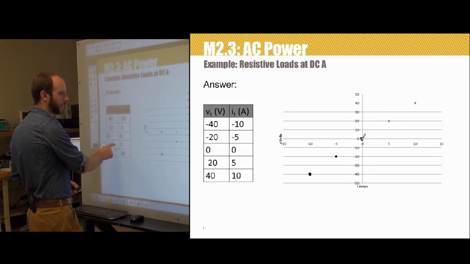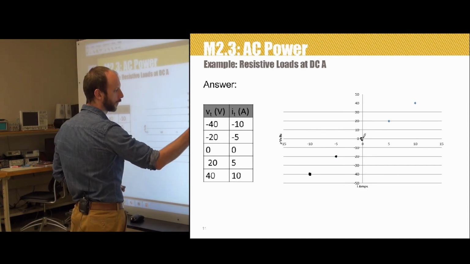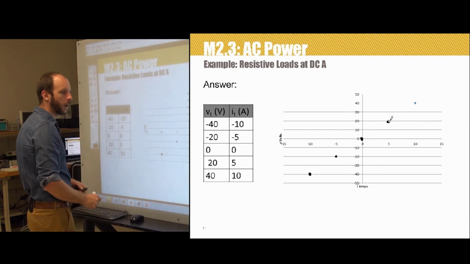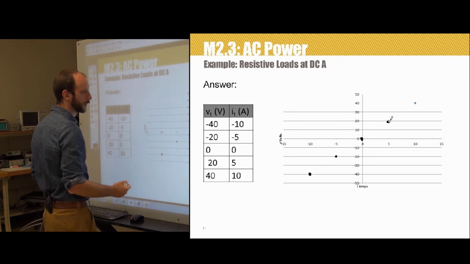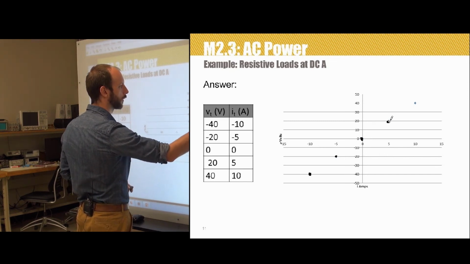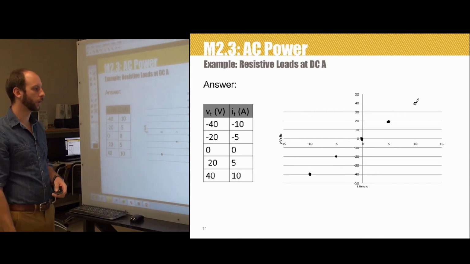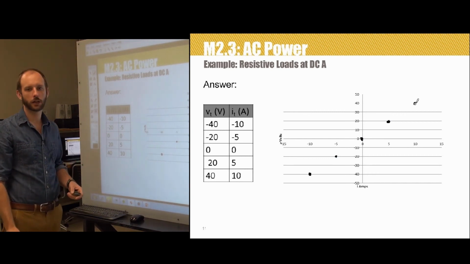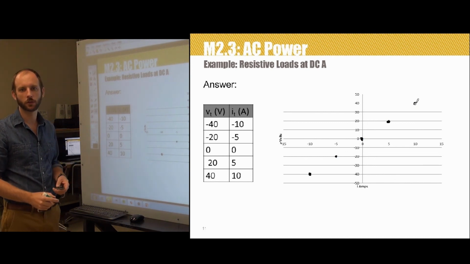We then have the point 5, 20. And then we've got the point 10, 40. So those are the plots. There's not a lot of data here, and to really get a great idea of what this black box looks like, we would have to collect more data points.